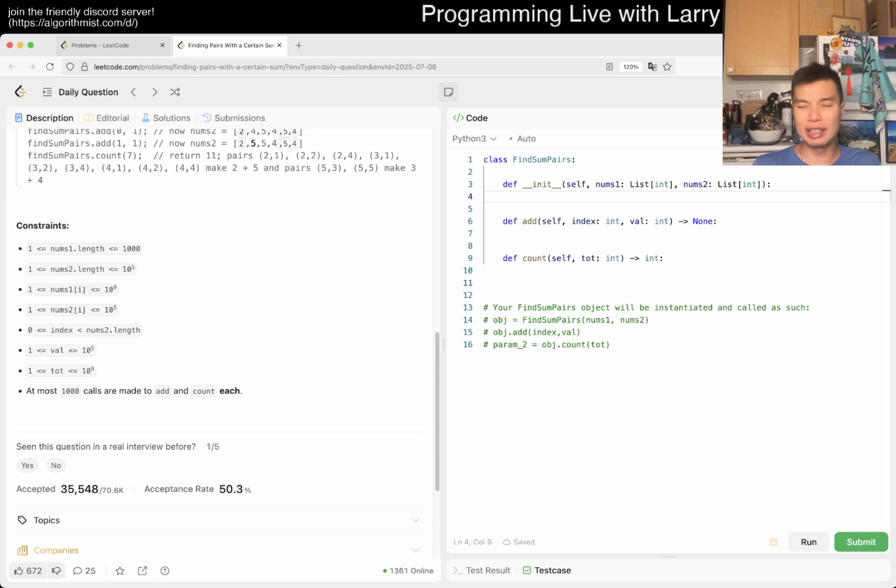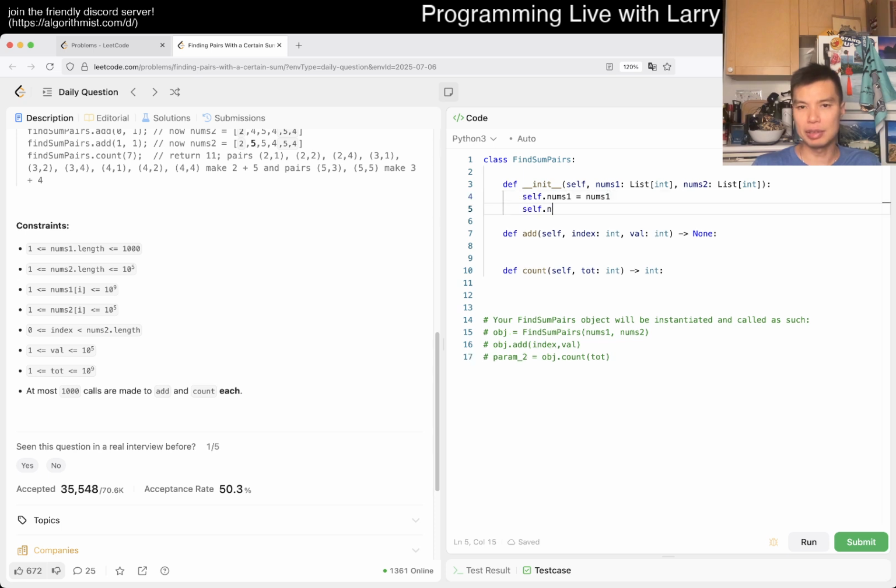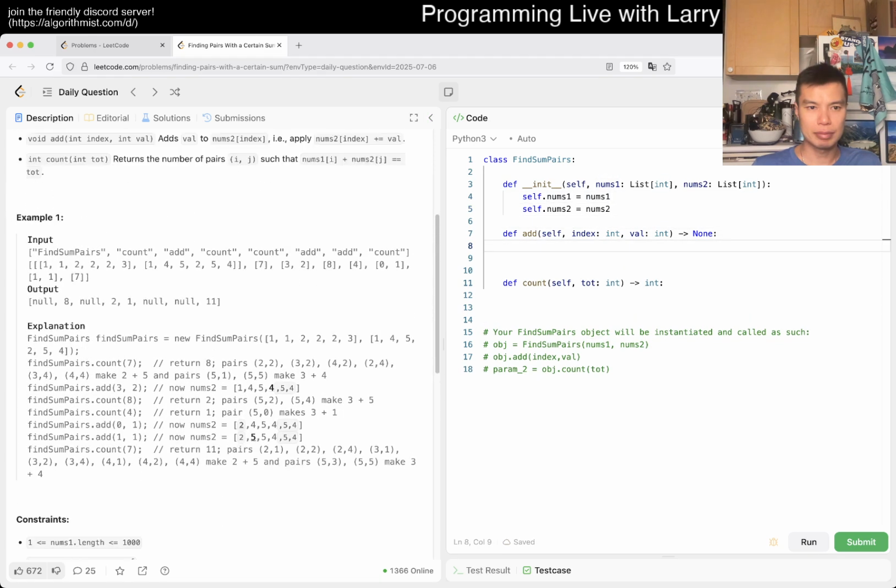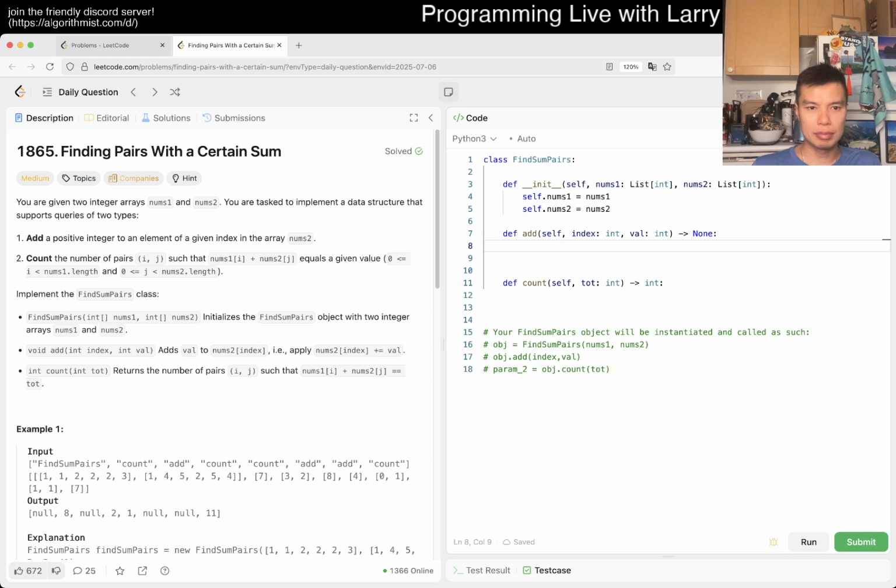Well, it is what it is. So let's go. nums1 is equal to nums1, and nums2 is equal to nums2. Right? Did I understand this right? Yeah. Sorry.